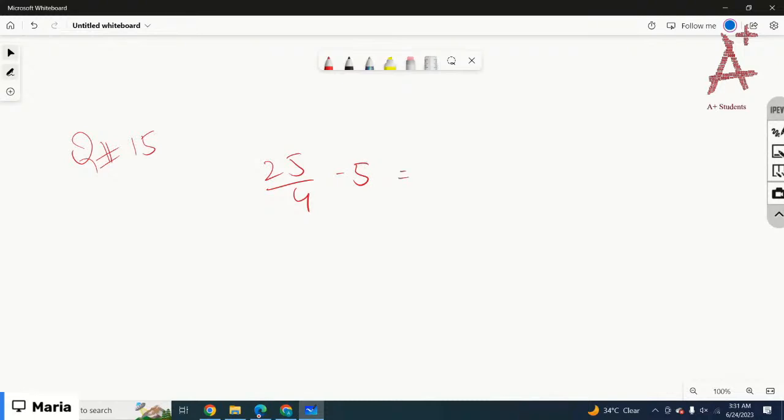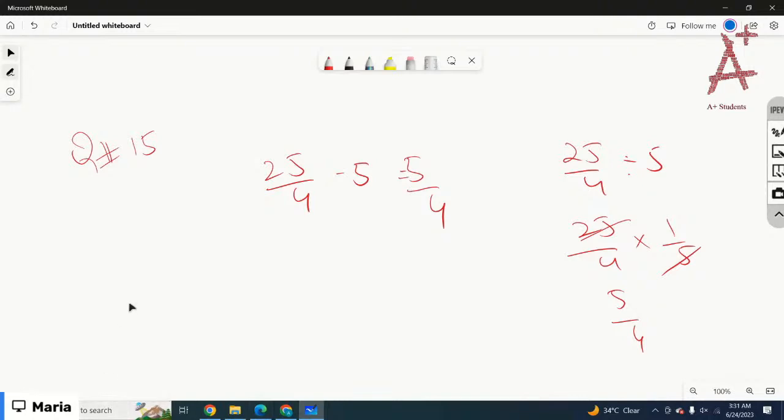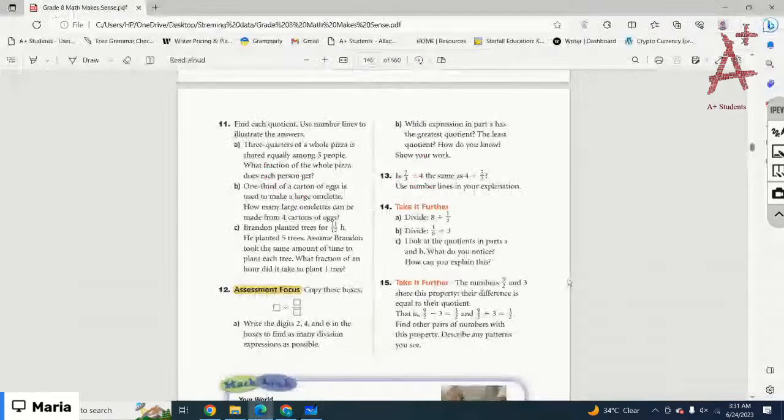And when you divide them, 25 over 4 divided by 5, it would be 25 over 4 times 1 over 5. 5 times 5 is 25. So that equals 5 over 4. So that equals 5 over 4. Got it? That is actually the same. This is with the same property. Got it?